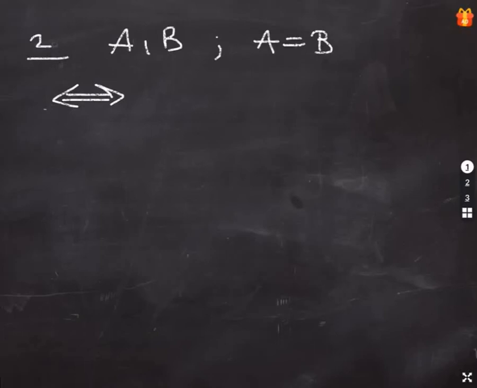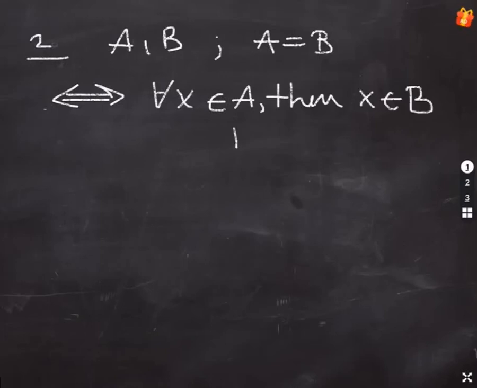So that for every x lying in A, then x must lie in B, and the same way interchanging A and B.